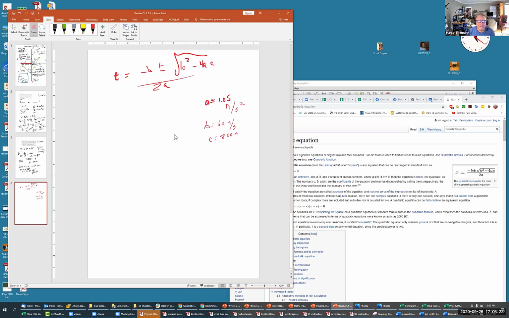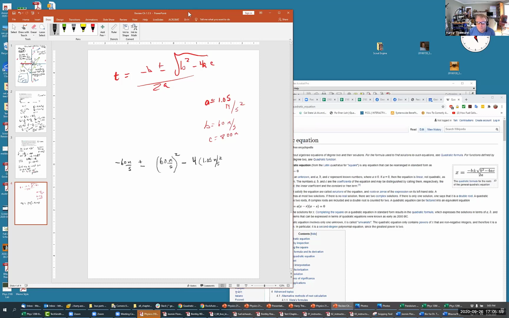So we got minus 60 meters per second, plus or minus the square root of 60 meters per second, squared, minus 4 times a, 1.05 meters per second squared.